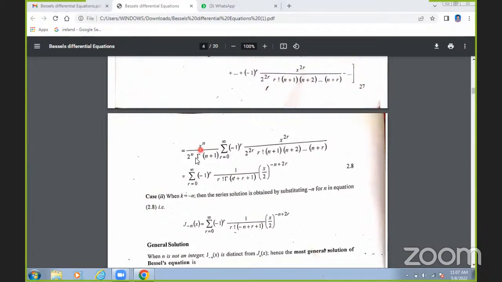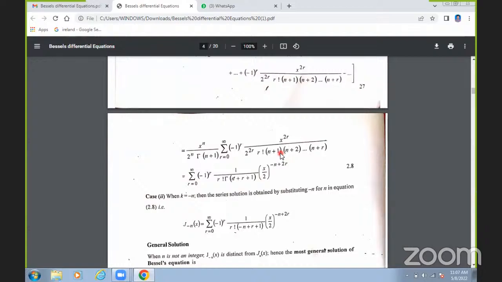Here x power n by 2 power n is there, so we can write this as x by 2 whole to the power of n. Here we have x to the power of 2r by 2 to the power of 2r. These two terms we can write as x by 2 whole to the power of 2r plus n. And the remaining, we have gamma of n plus 1 as gamma of n plus r plus 1. This is the condition by taking k equal to n.